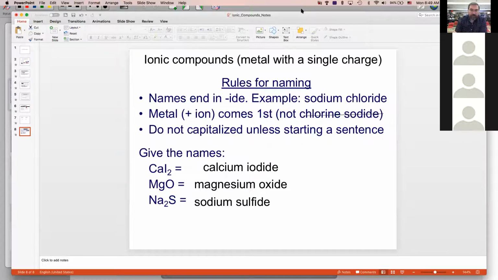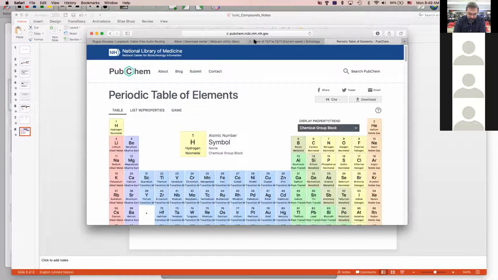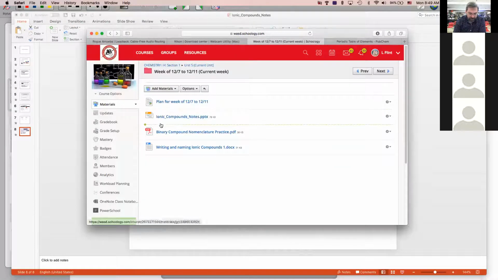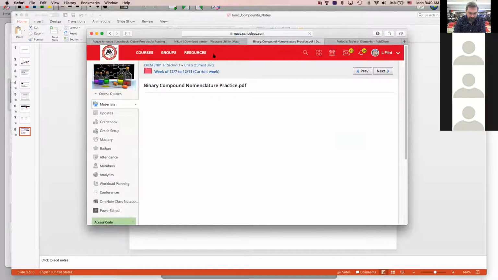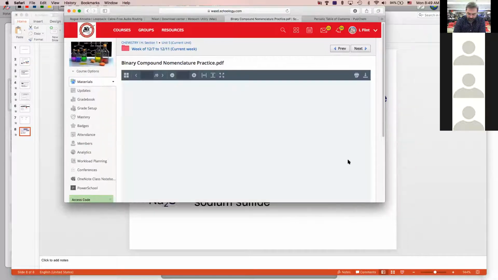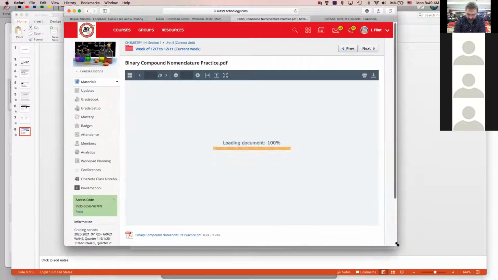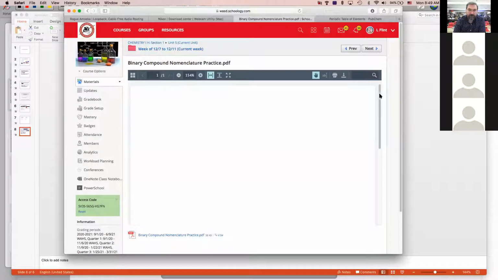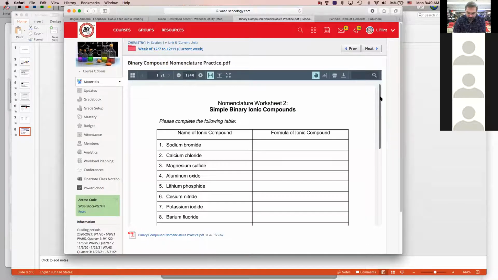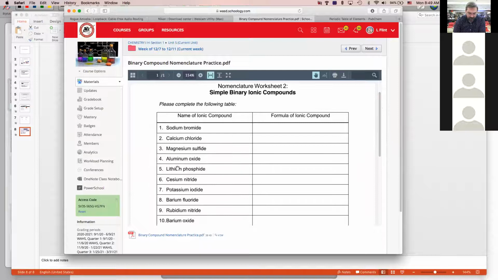All right, so you should follow along. If you go to the folder for the week, there's a PDF file called Binary Compound Nomenclature Practice. It has two parts. The first part has names of compounds, and we want to write the formula.